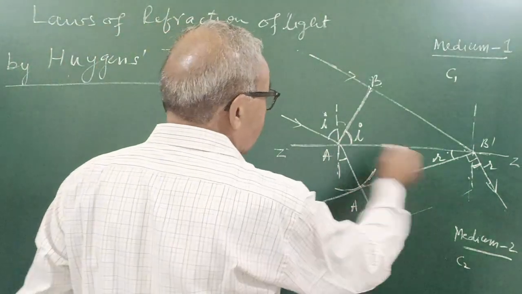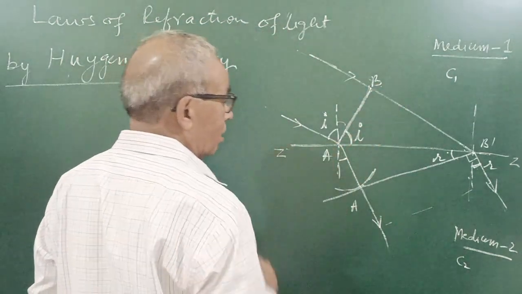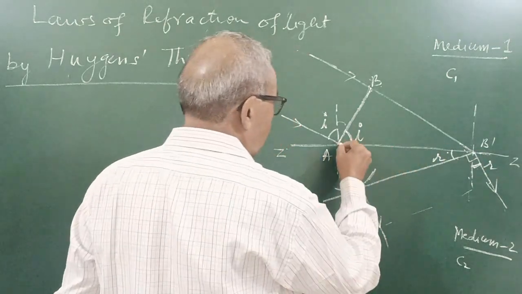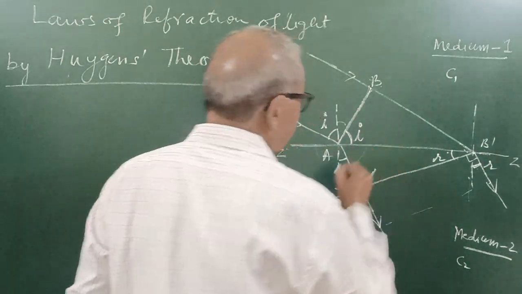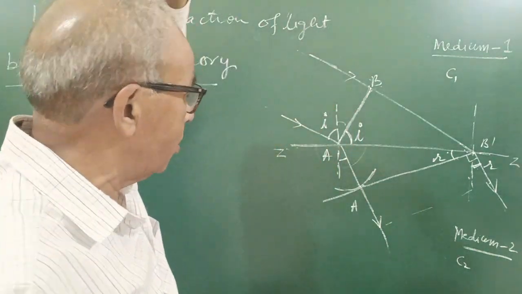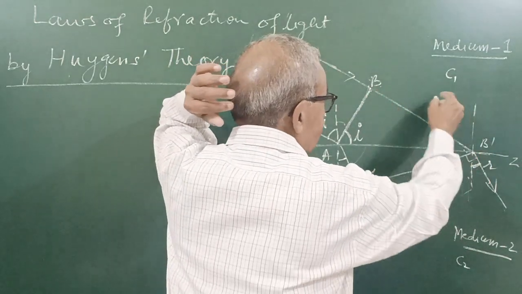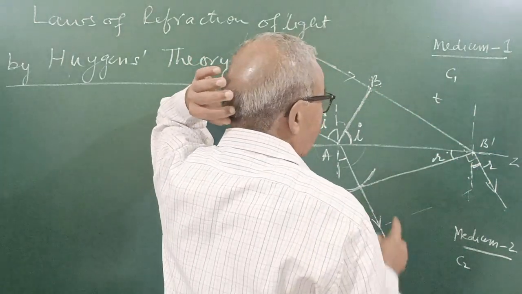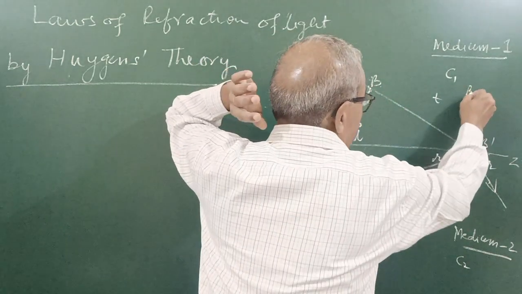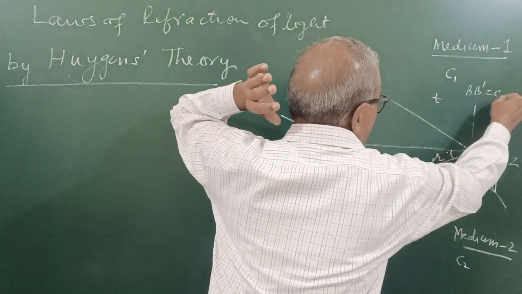So to draw this diagram, what do we do? Actually, the wave front at A has struck first. The secondary wavelet from the boundary will get reflected as well as refracted. We are not interested in the reflected wavefront. So suppose B strikes at B dash in time t. In time t, the distance covered by BB dash will be c1t.